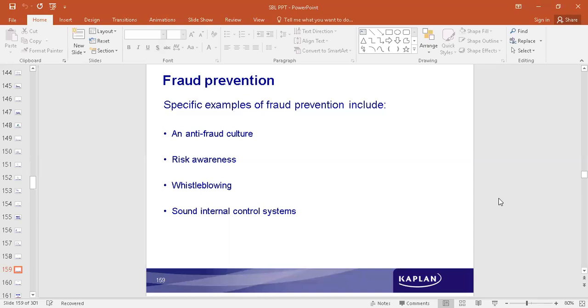So the people in the organization are made aware of what possibly can happen, and what they should not be involved with. Some awareness is created for the people in the organization. They have to make it clear about the anti-fraud culture: what the value system in the organization is, what they believe in, what is appropriate, what is acceptable.